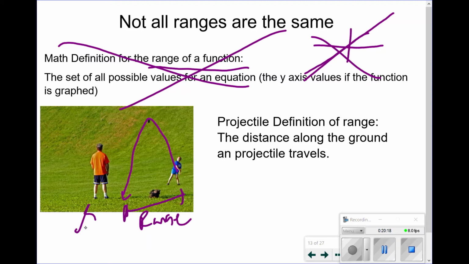And this individual is not in the range, so he's out of range. If this ball travels past the person, then they are definitely in range of the kid. The kid just didn't hit the person. And if this ball lands exactly where they're at, then that person is, again, in range. So range is only about the distance traveled along the ground.